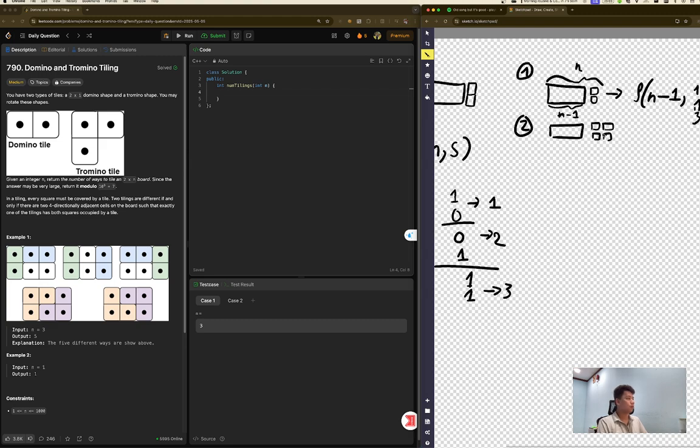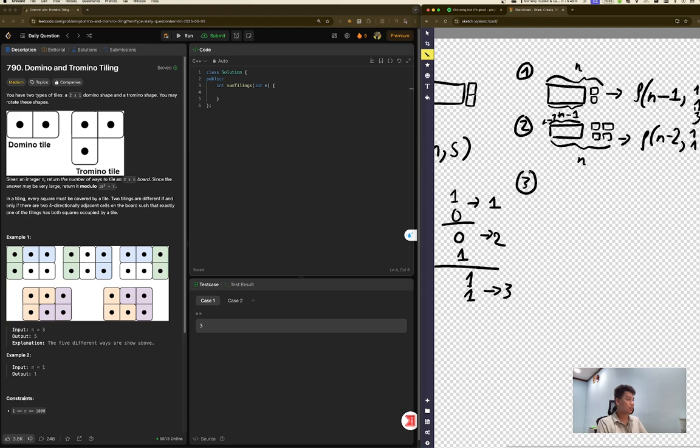The second case is this is n, and so you can know that this is n-2, and it's 1, 1, 2.